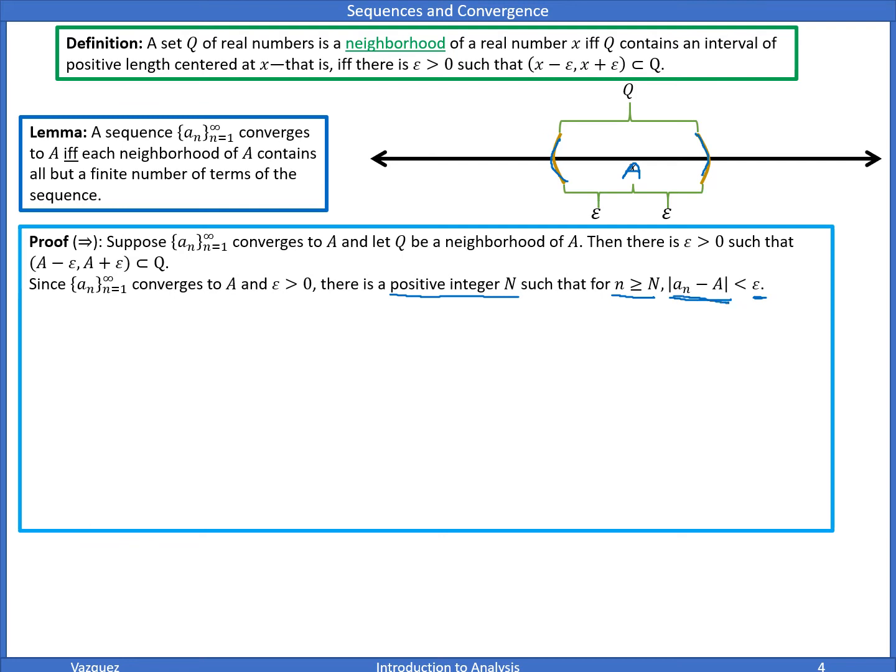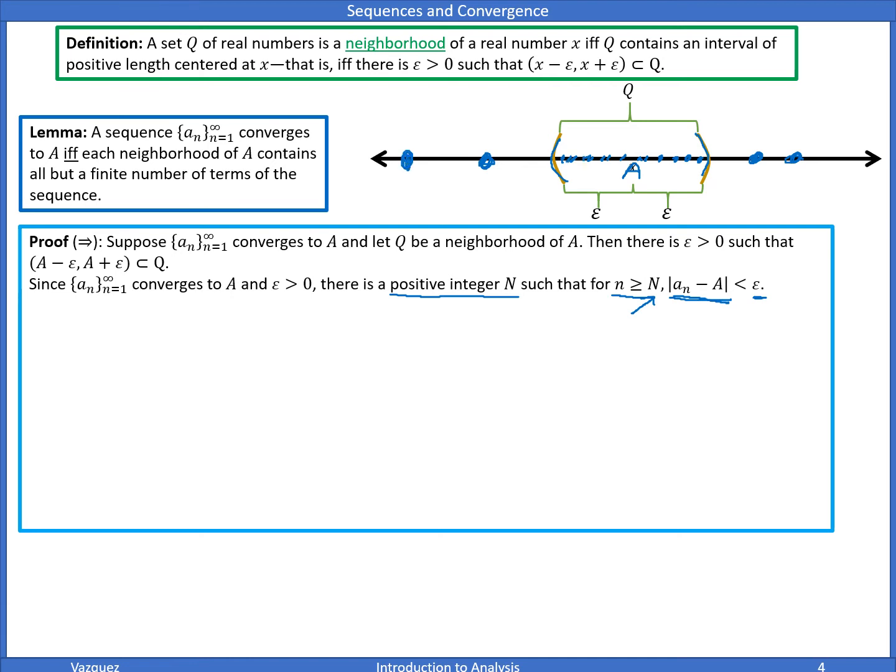So now this is saying all our points at or after N are within our epsilon. That means that after a certain point, all these points are in here. We can very well have points out here. I'm just going to draw some points out here.